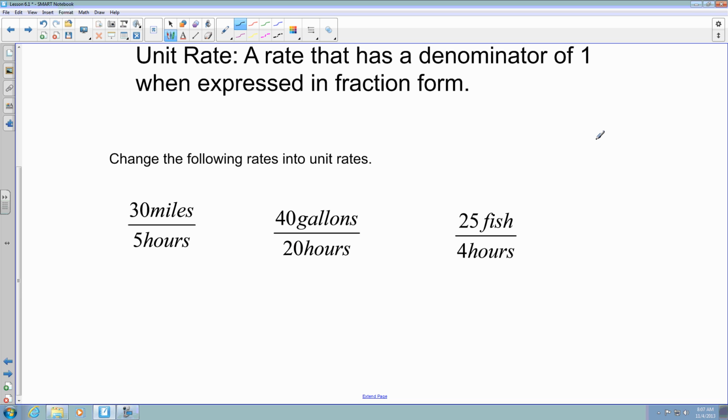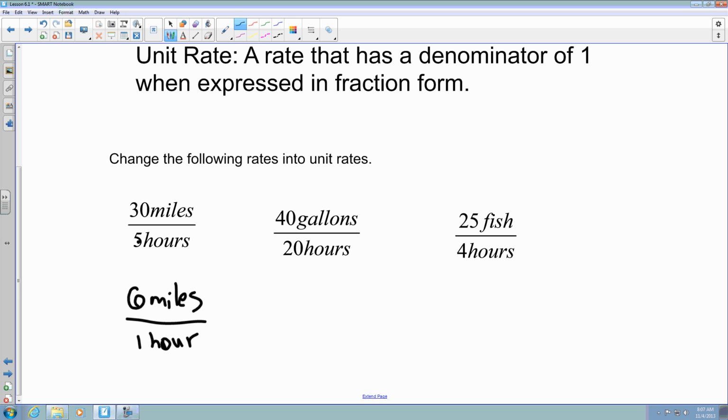The only way we can do that is by taking the value on the top and dividing it by the value on the bottom. So 330 divided by 5 will give me 6. And so I can write this as 6 miles per 1 hour. Okay? Second example, do the same thing.